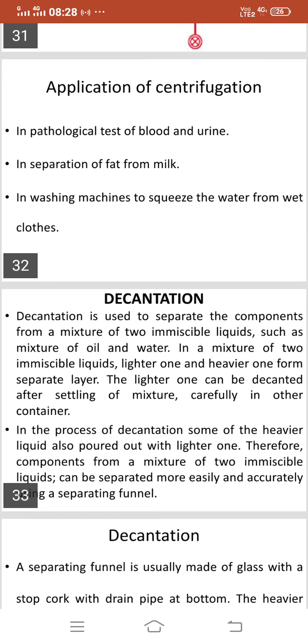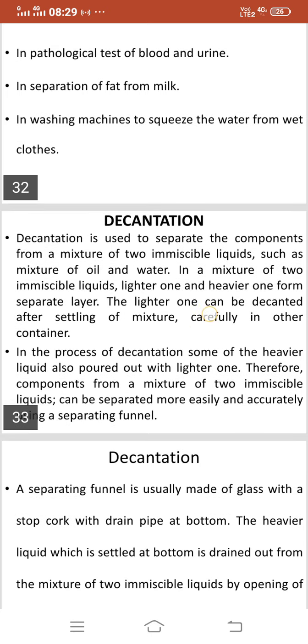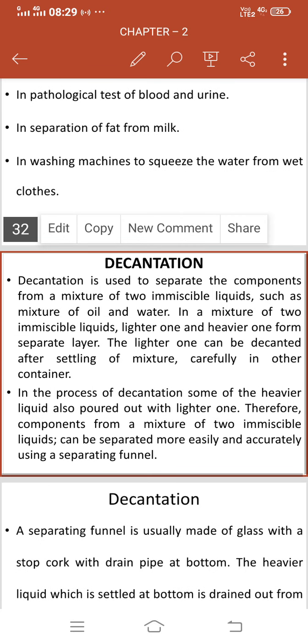The lighter one can be decanted carefully into another container after the mixture settles. In this process of decantation, some of the heavier liquid is also poured out with the lighter one. Therefore, components from a mixture of two immiscible liquids can be separated more easily and accurately using a separating funnel.